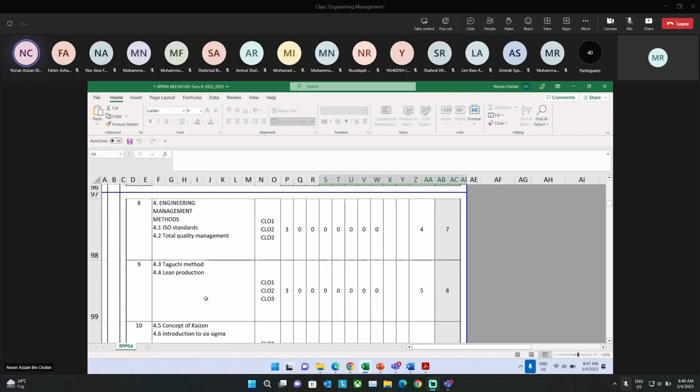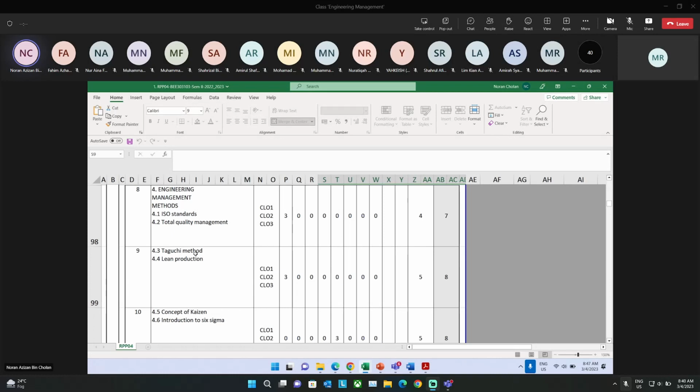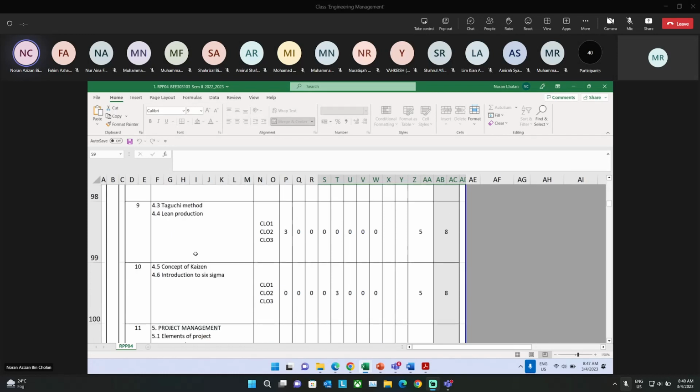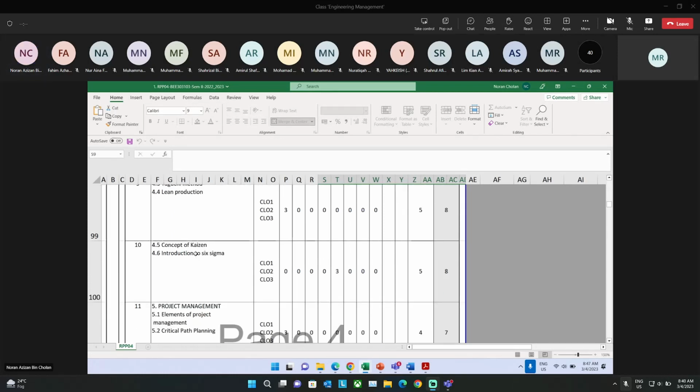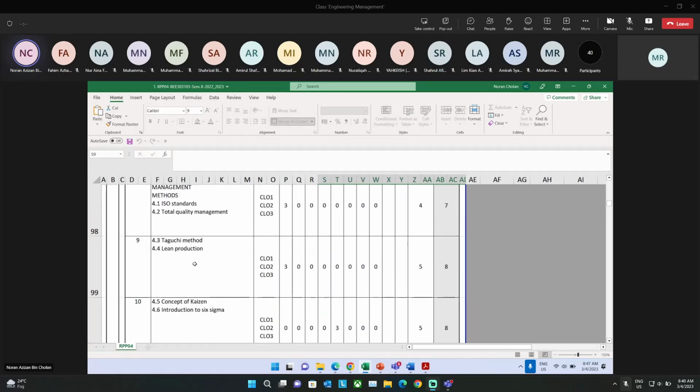Chapter 4 is about management methods: ISO, quality management, Taguchi method, lean production, the concept of Kaizen, Sigma. All these are the techniques or methods for how we can manage an organization or company.